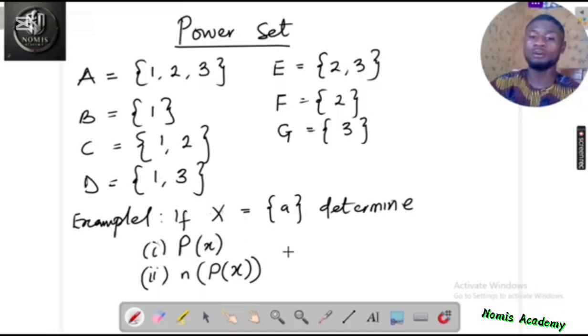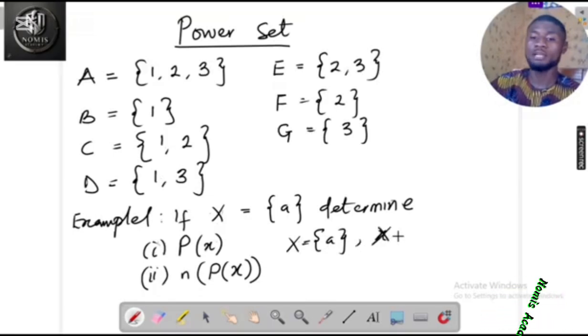So the subsets of this particular set given to us, set X, are set X, which is equal to A, and the second one, the null set.